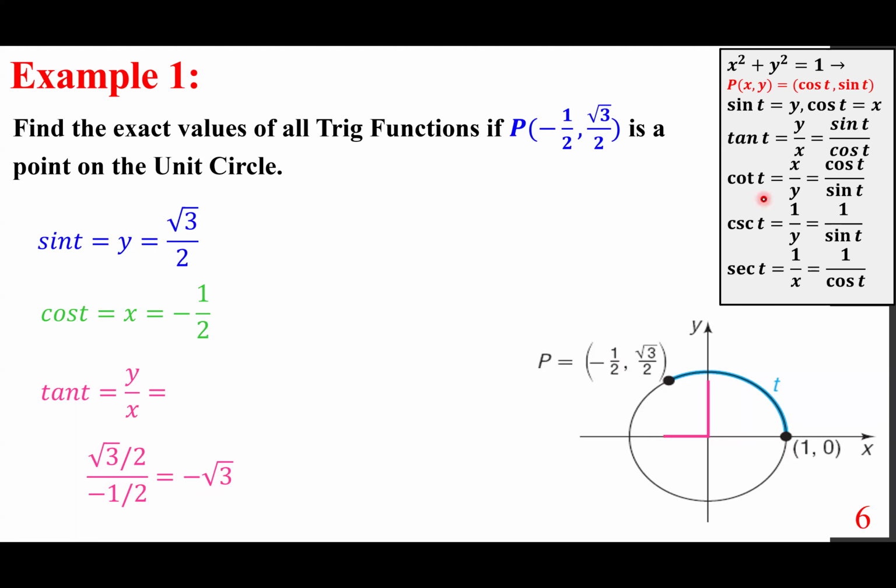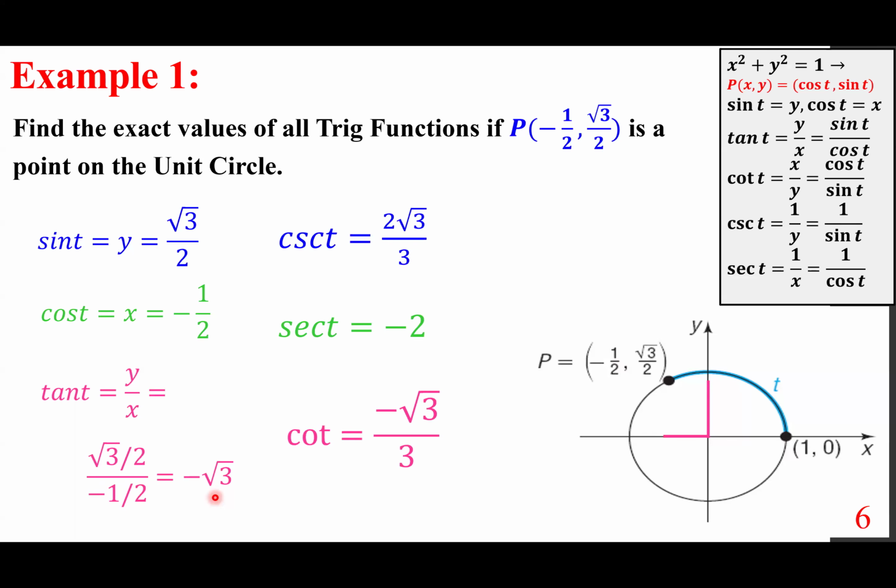The rest of them, just go back to them and write the reciprocal. For this one, the reciprocal is 2 over square root of 3. That becomes cosecant. For this one, the reciprocal is -2. For this one, the reciprocal is 1 over negative square root of 3.